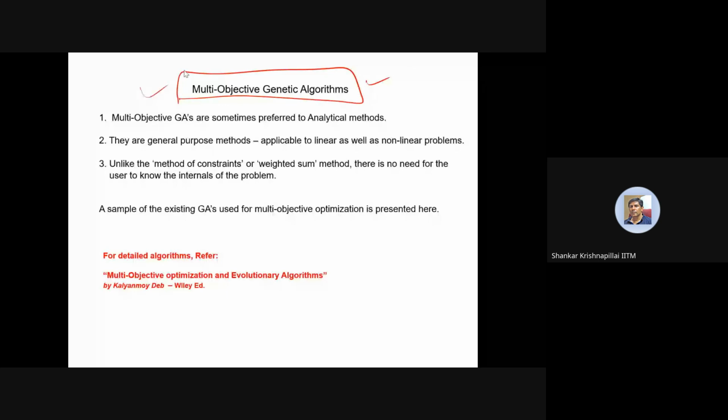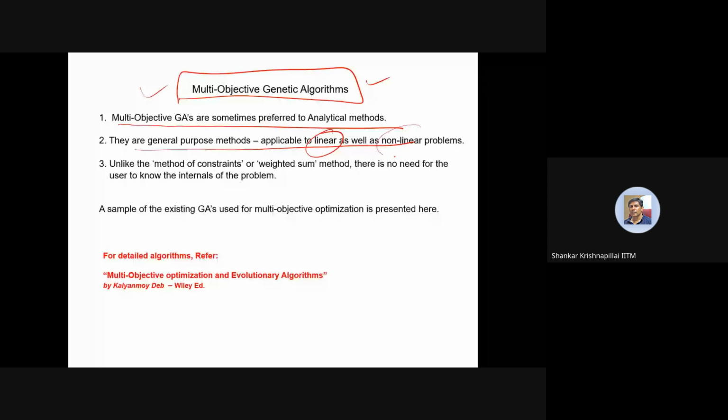Nobody will use the epsilon constraint method, the graphical method, or the weighted average method. The multi-objective genetic algorithms are sometimes preferred over the analytical methods. They are general purpose methods, applicable to linear or non-linear problems.